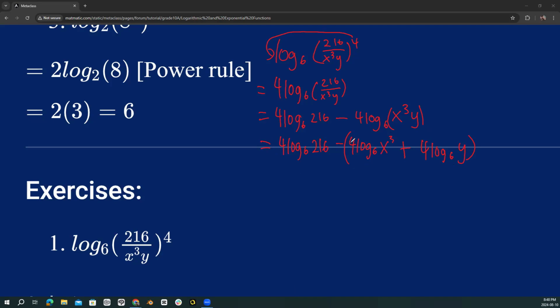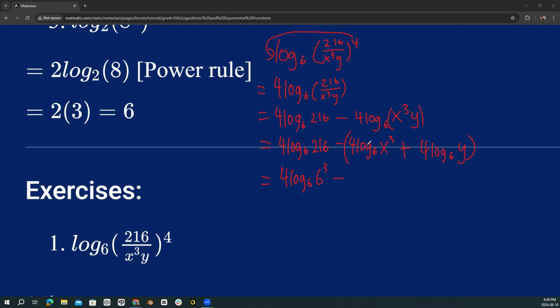So what we would get is 4 log base 6 of 6 to the power of 3, because 6 to the power of 3 is 216. And I guess I can remove the parentheses now, which would turn this into a minus sign, because essentially this minus sign here just turns this plus sign into a minus sign as well.